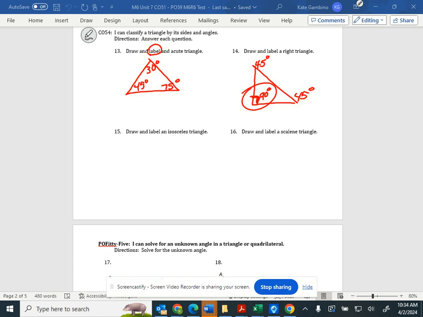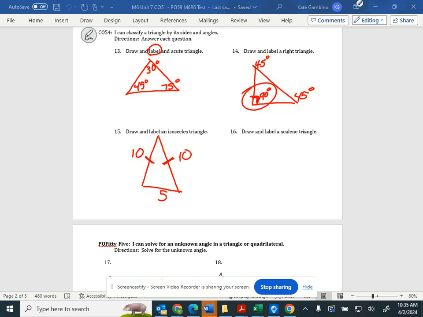Draw and label an isosceles triangle. If it's an isosceles triangle, I know two sides are congruent. I could do that by my hashtag showing they're congruent. I could put the same measurement there, showing that that third side is a different measurement. So the isosceles means two are the same, one is different.